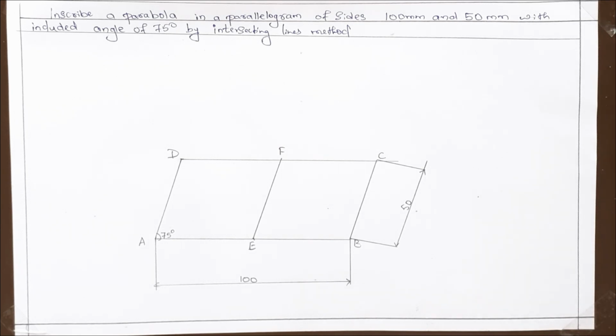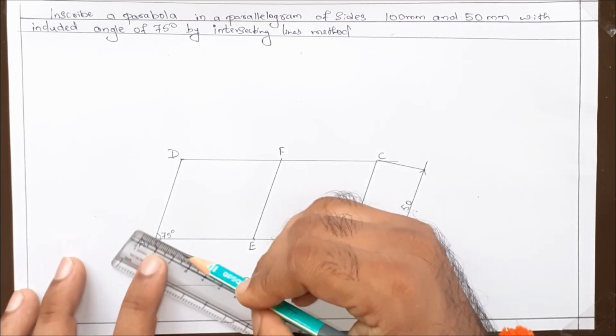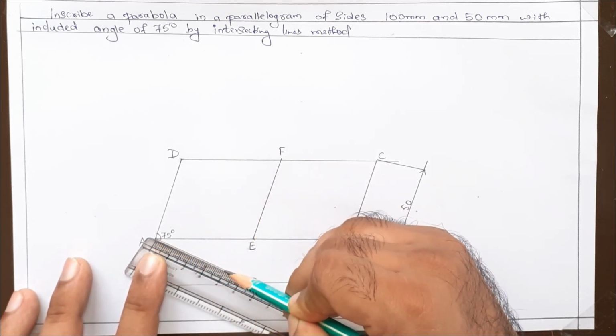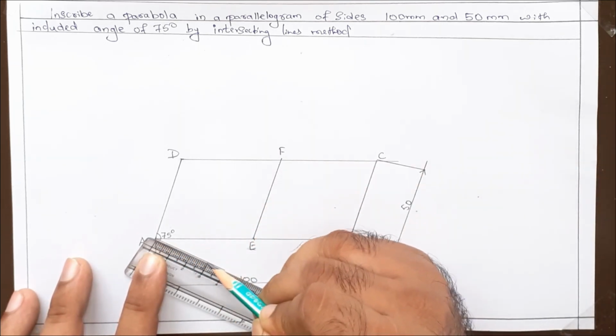Now, we have to divide the line AE into 4 equal parts. The length of the line AE is 50 mm, so dividing this line directly will be difficult. So, we take a line randomly of length 40 mm and divide this into 4 equal parts.